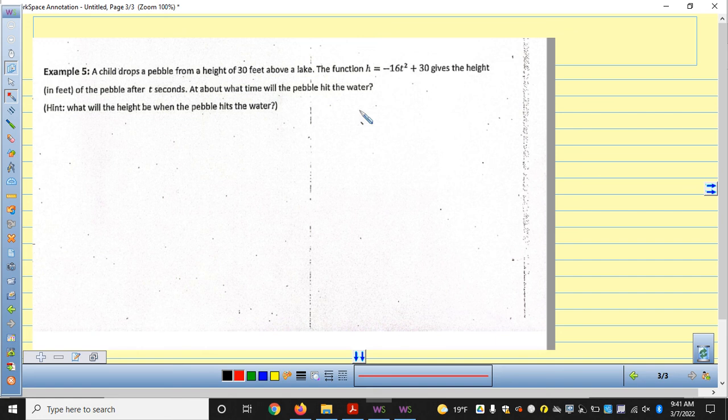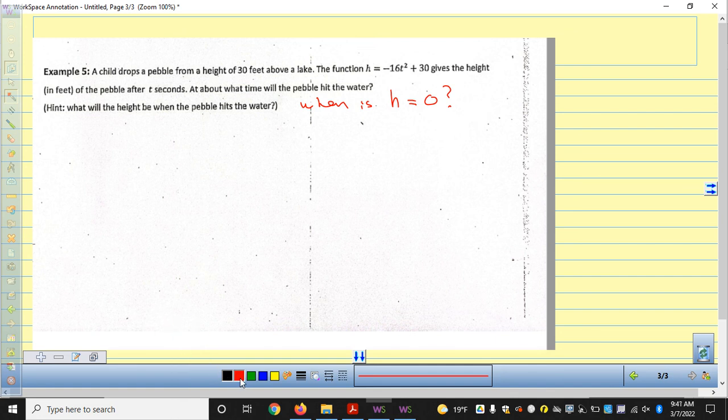So if we're dropping something into a lake from 30 feet up, so we're 30 feet above the lake. When it hits the water, what is its height? 0. We want to know when is the height 0. If we're 30 feet above, when it hits the lake, the height is 0.